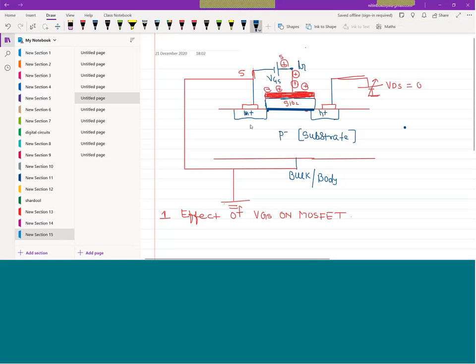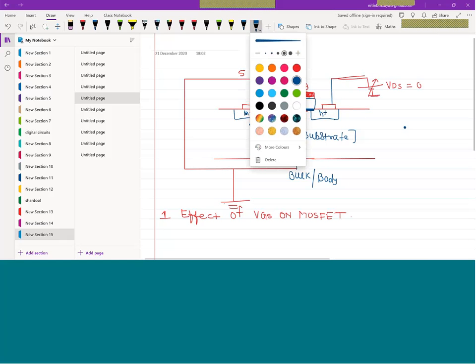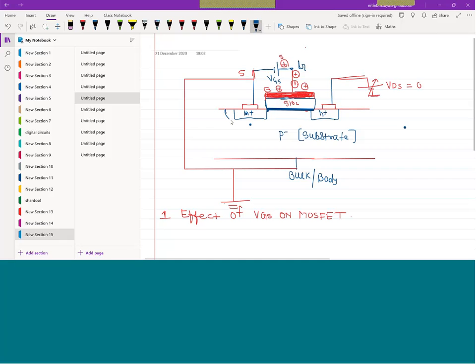And an N and P junction forms here, so this will form a depletion layer. You will get a depletion layer here. And when you increase VGS, this is proportional to the width of the depletion layer.